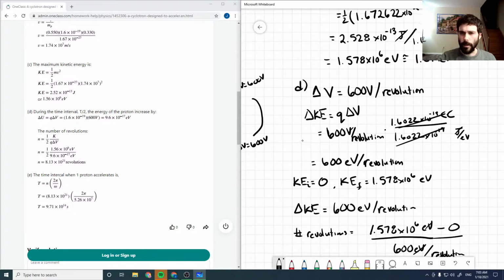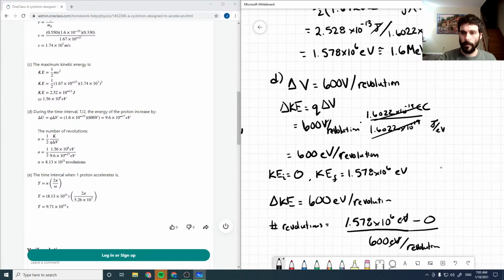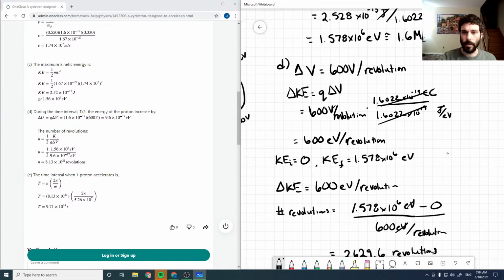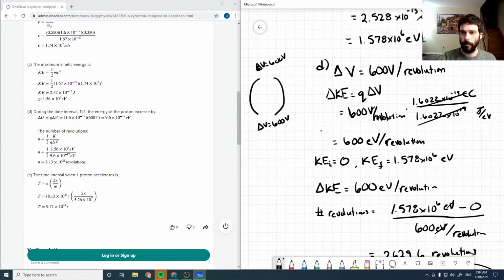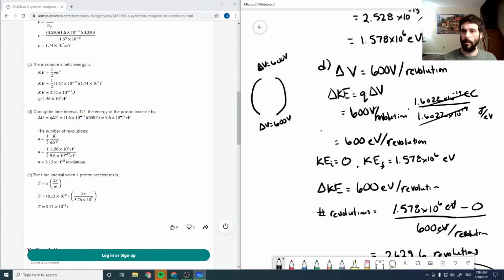Okay, so then my delta V should be 2 times 600 volts per revolution.